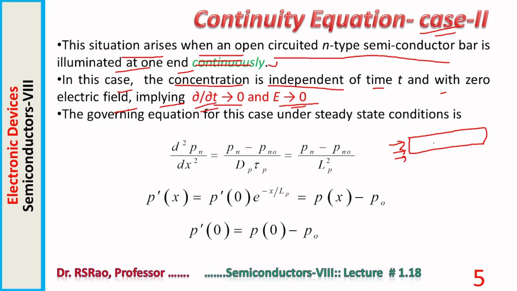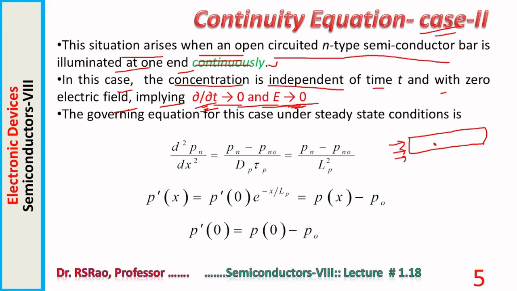If you consider the concentration somewhere here, initially it may change with time, but in the steady state there won't be any change with time. So ∂/∂t is 0. And E is also 0 here because we have not connected any voltage source across the slab.